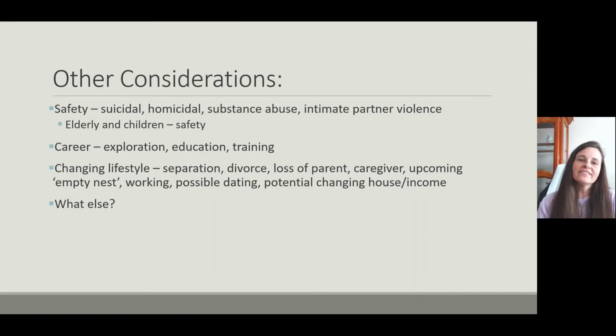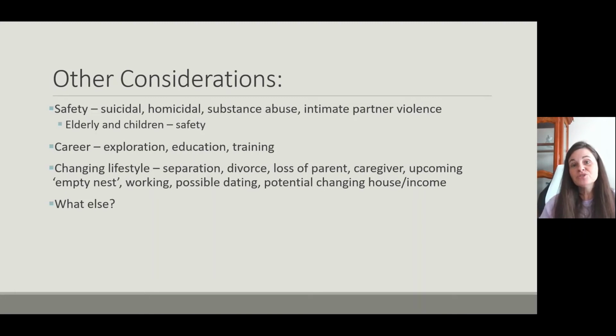And then her changing lifestyle. There's a separation, a divorce that's coming, loss of a parent. She's a caregiver. She's got an upcoming empty nest, which could cause a whole other set of things, because that's another change that she can see coming. Going back out into the working field, the possibility that she might start dating.